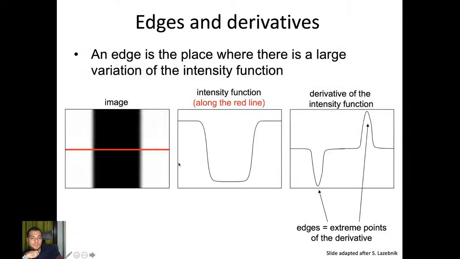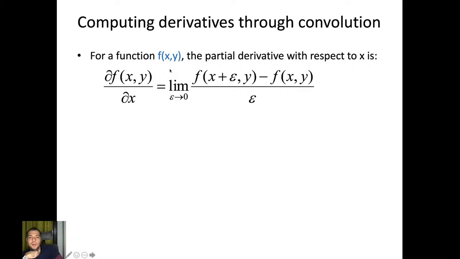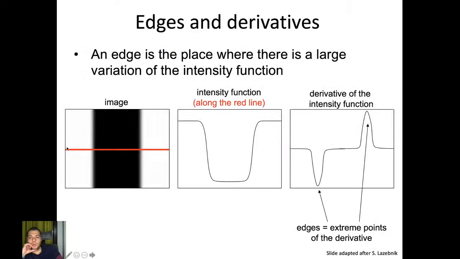So this derivative can be approximated on digital images using the numerical approximation for partial derivatives. So the derivative of a function, in our case the function is the image in x and y, with respect to x, so we can compute the gradients along the horizontal axis or the vertical axis.